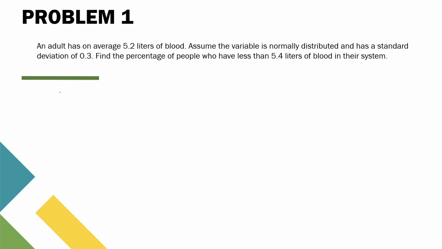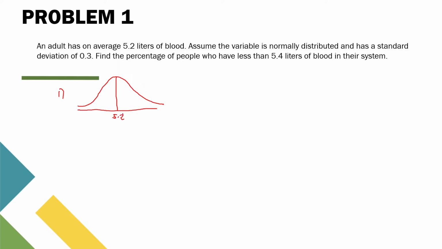So the first step is we need to draw a standard normal distribution curve to represent this. If the mean is 5.2, what we're going to find is the percentage of people who have less than 5.4.